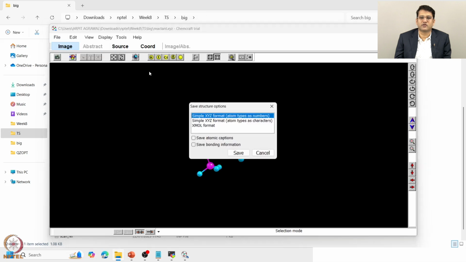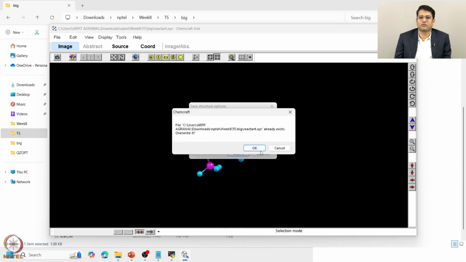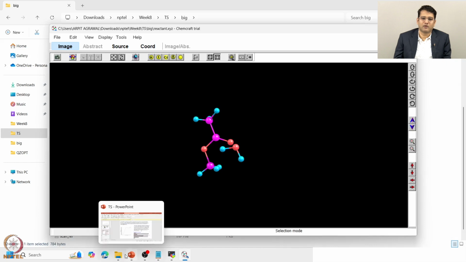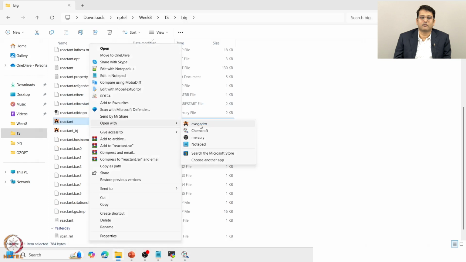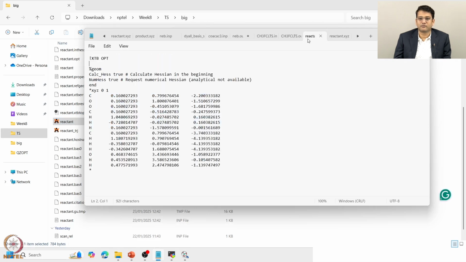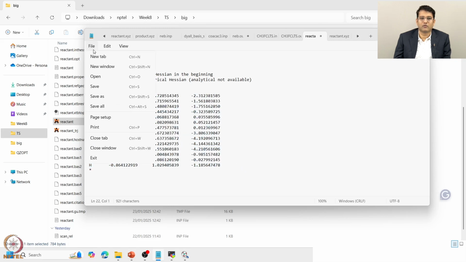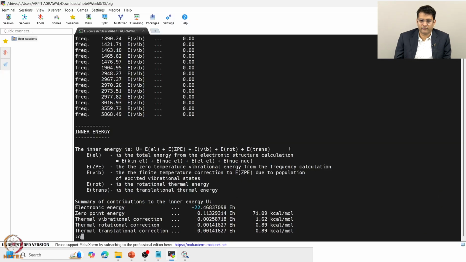I have to again save the structure. Let me copy paste it and replace the reactant.inp. Save it and let us try to rerun it.